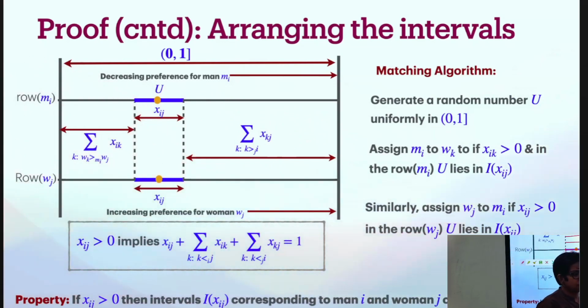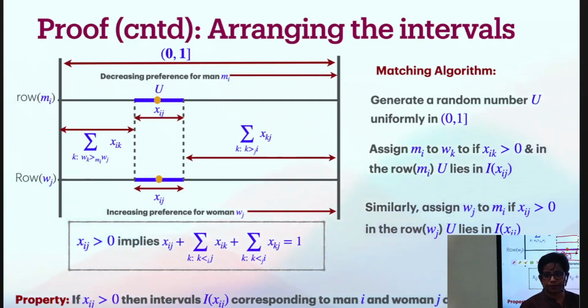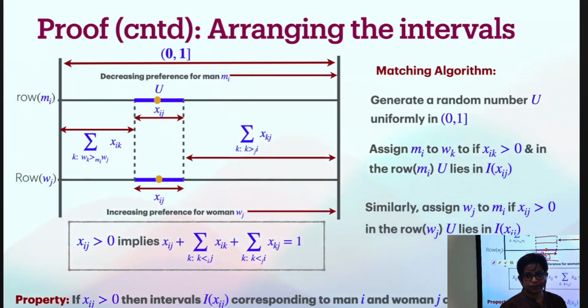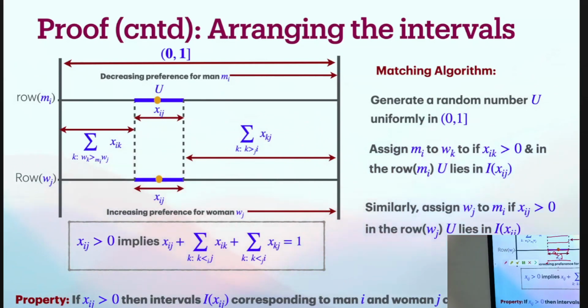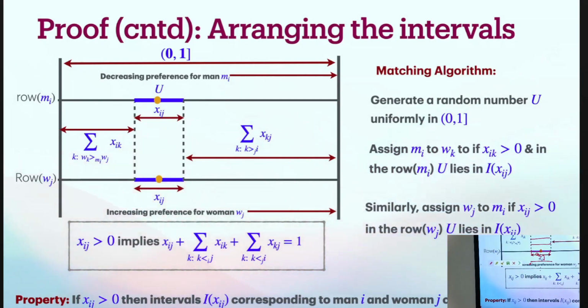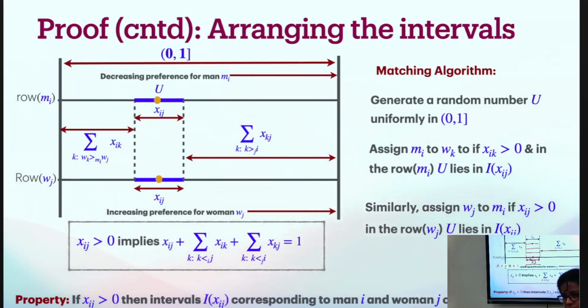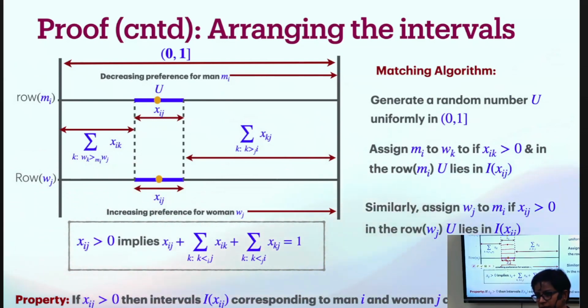That is what leads me to this assignment. Now, this is some function I have defined. Is it clear to you why this should be a matching? It falls in only one interval for a man, and if it is in the ijth interval for man I, then for woman j it falls in the same ijth interval.